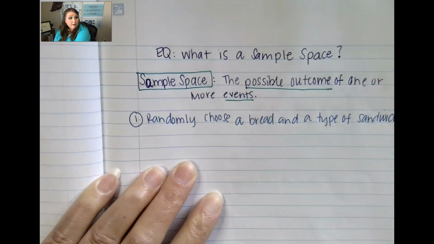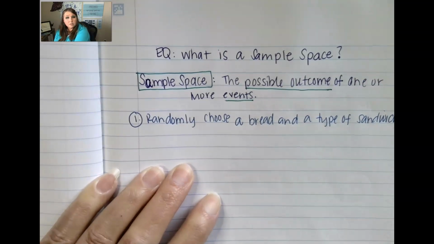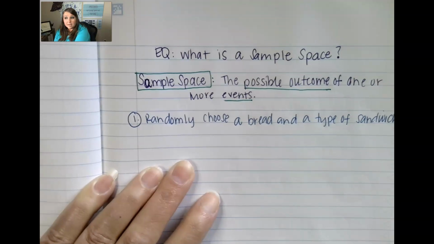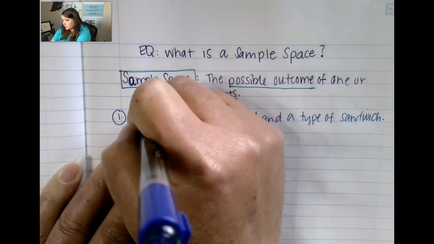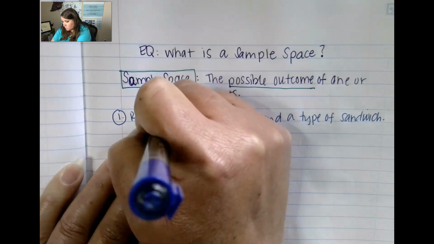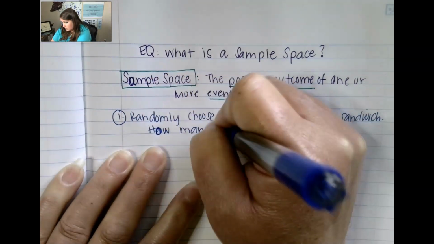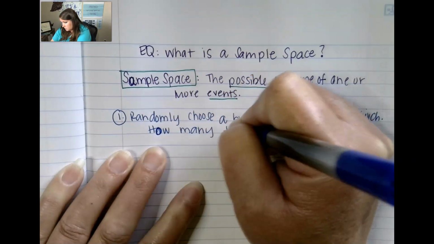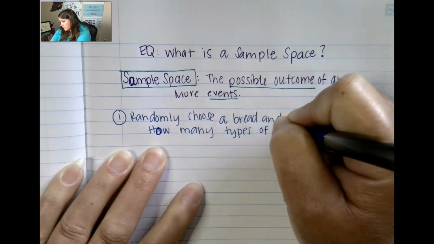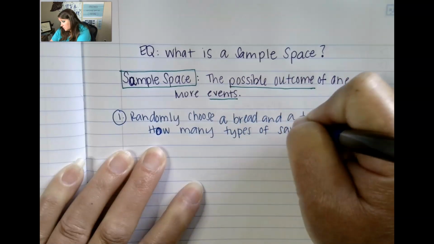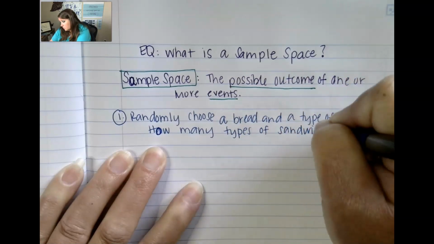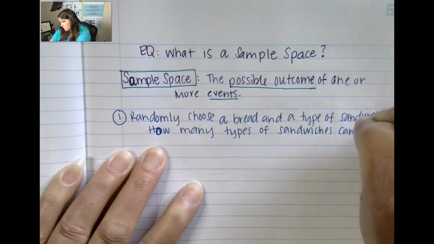It says, find the sample space. How many different types of sandwiches can we make?